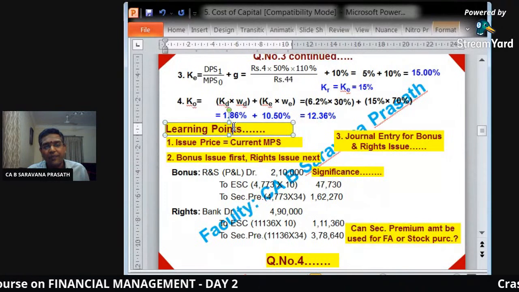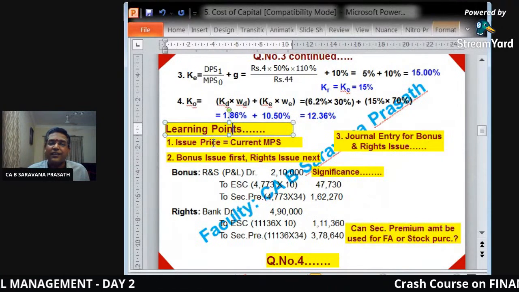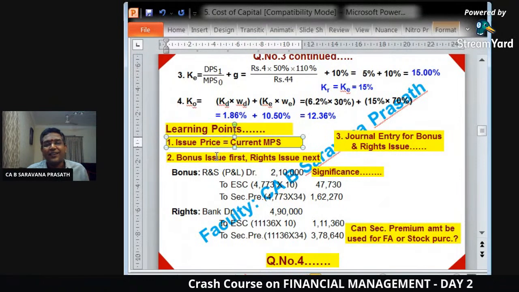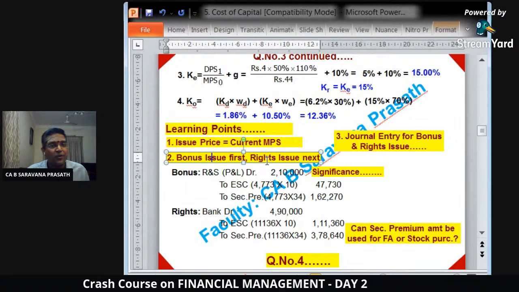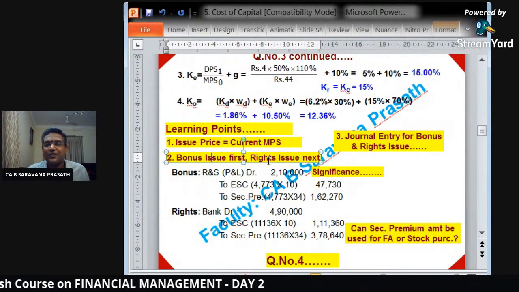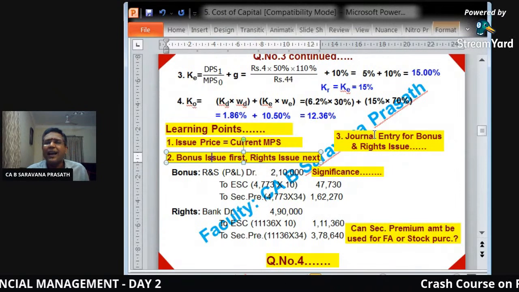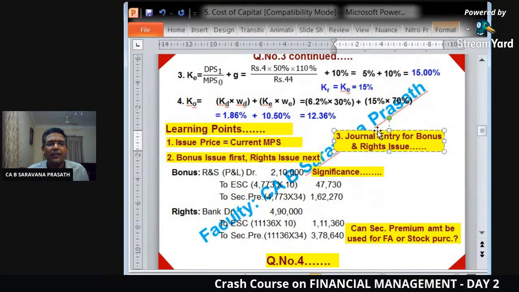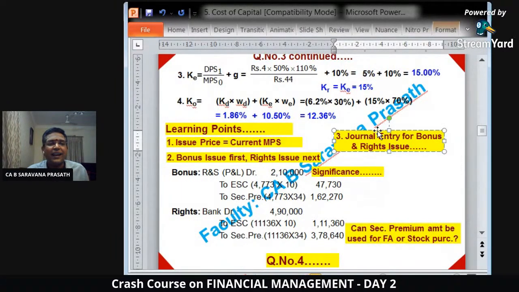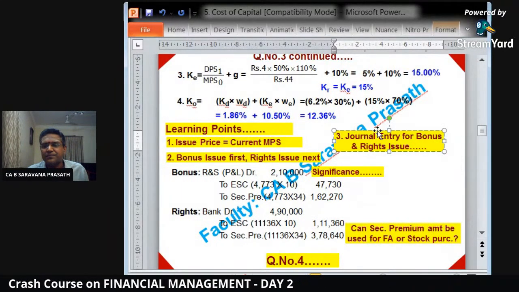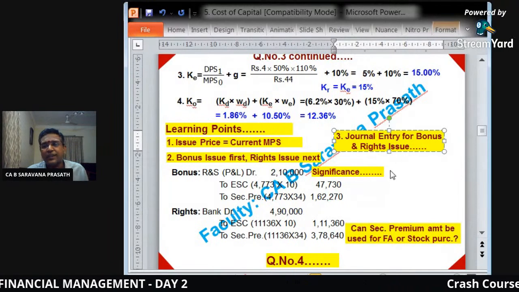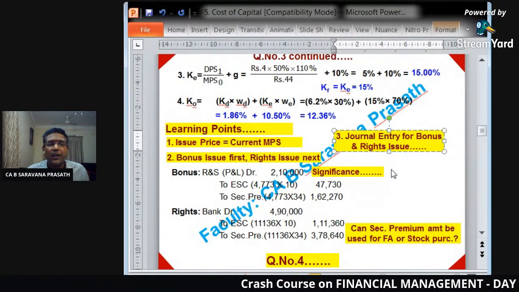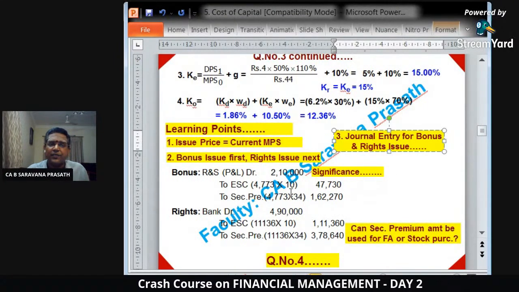We have a few learning points. We have already heard that issue price will be equivalent to current market price. We have already heard that bonus issue comes first, followed by the rights issue. I have one more piece of information which is relevant in the context of accounting, but which we can understand for our purpose here: the journal entry for bonus and rights issue. I am not writing the exact journal entry, I'm just writing the net effect.